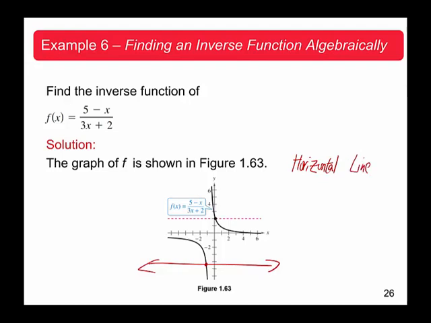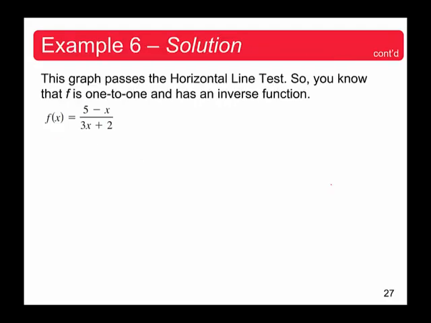The next step, let's go through the procedure to find the inverse function. Step number 1, f of x becomes y. So now we get 5 minus x on the left over 3x plus 2 at the bottom.